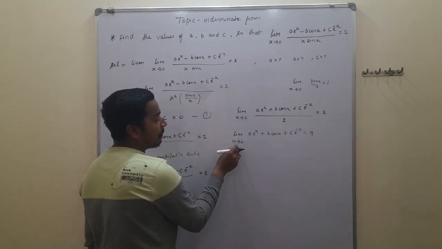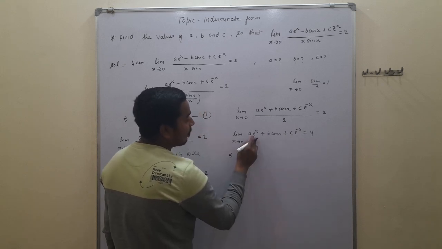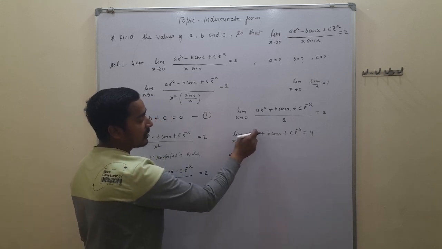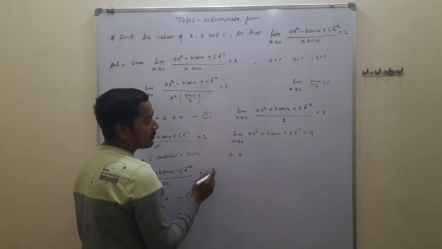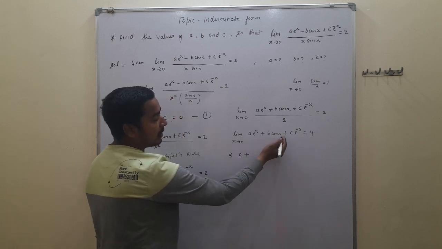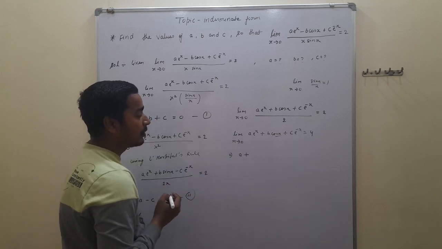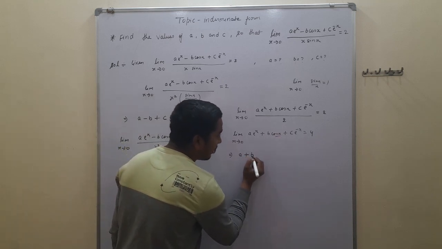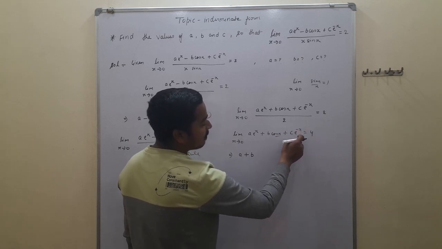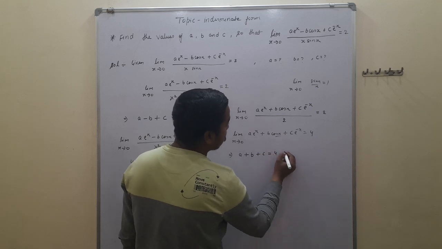And when we apply x tends to 0, this gives a times e to the power of 0, which is 1, so we write a, and cos 0 is also 1, this is plus b, and e to the power of minus 0 is also 1, so we write plus c is equal to 4. Let this be equation third.